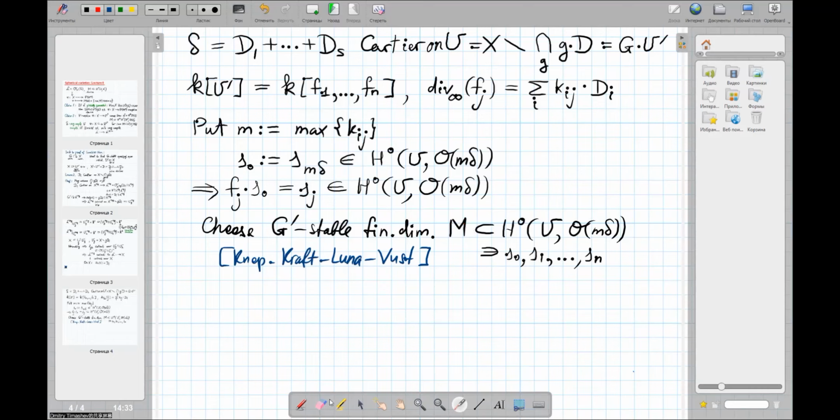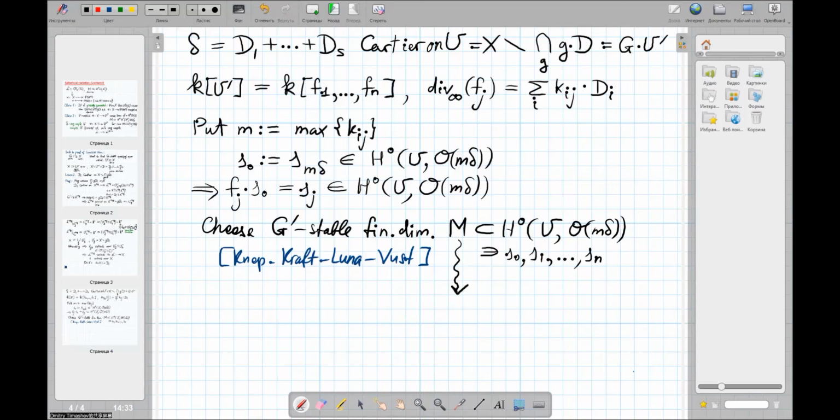So finally, what we get is that this finite dimensional subspace of global sections gives rise to a morphism. This G prime is associated to the normal variety U, not the whole X, right? Let me be careful here.